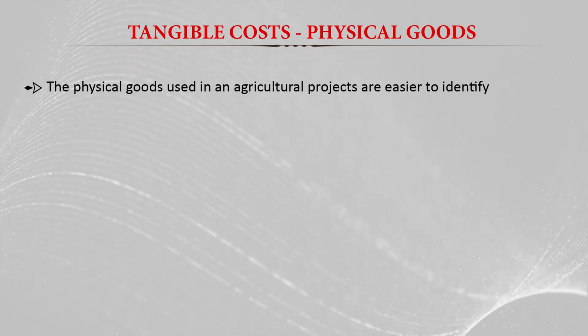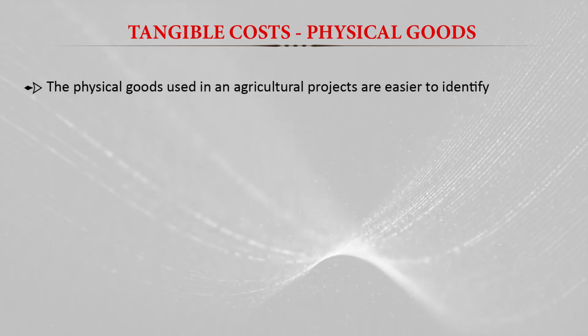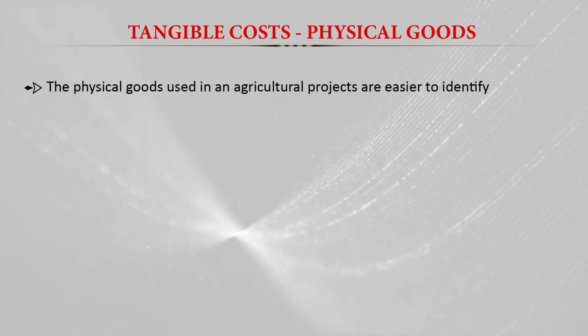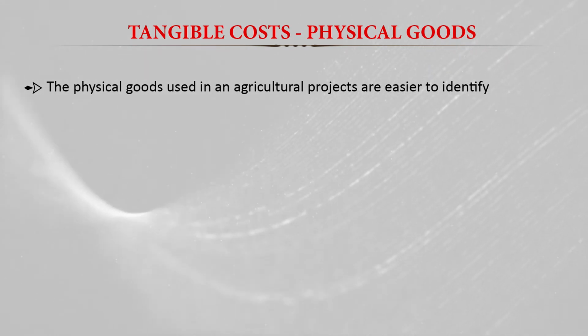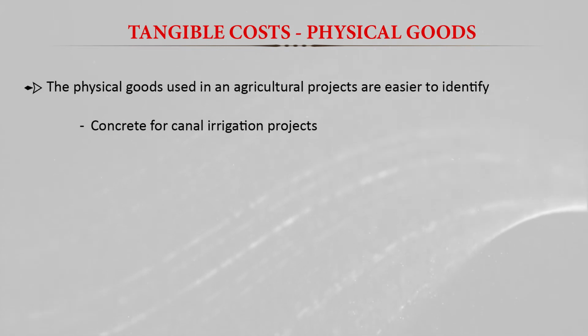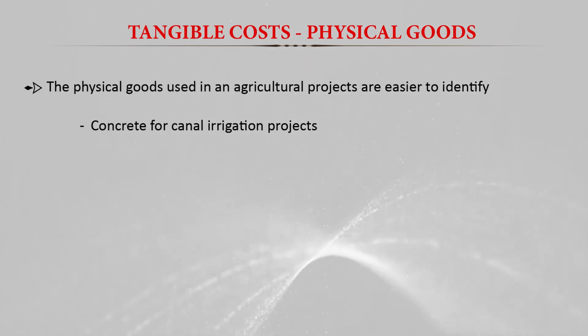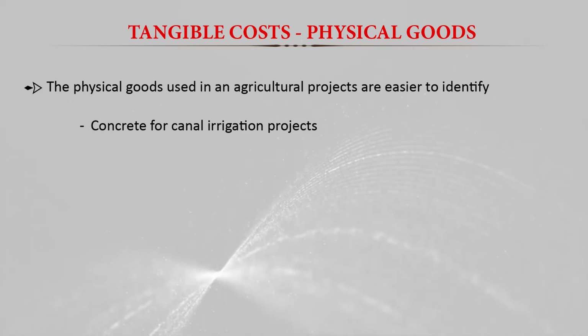The first tangible cost item is physical goods. The physical goods used in agriculture projects are easier to identify. We can easily identify the physical goods we are using in a project, like concrete for a canal irrigation project. We can easily measure how much concrete we are using in the canal project, so we can easily express it in monetary value.